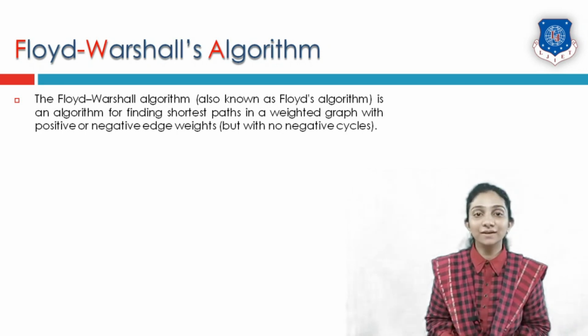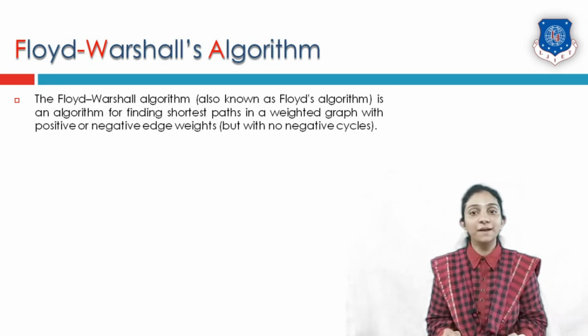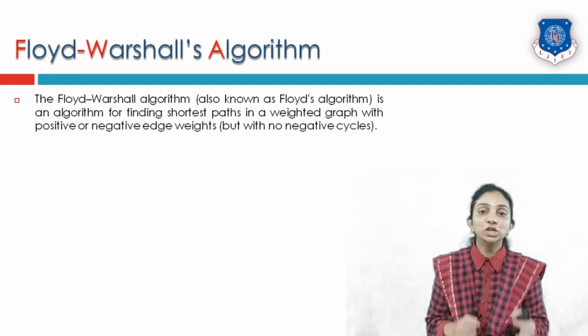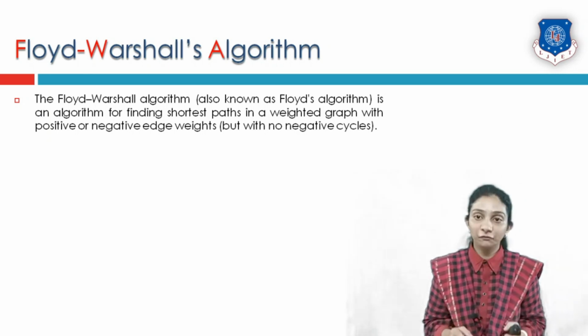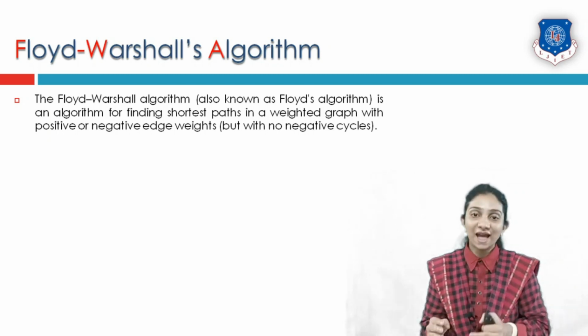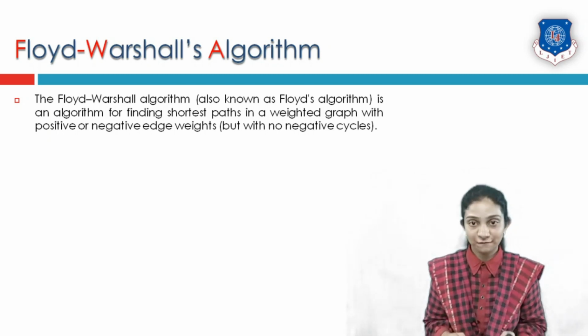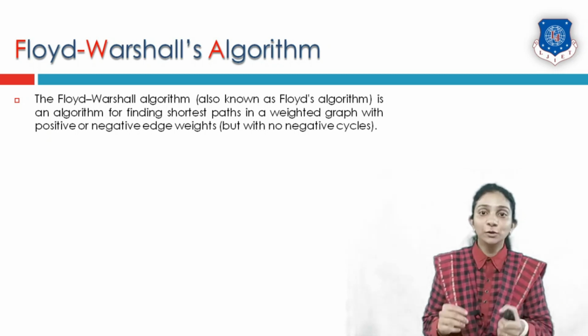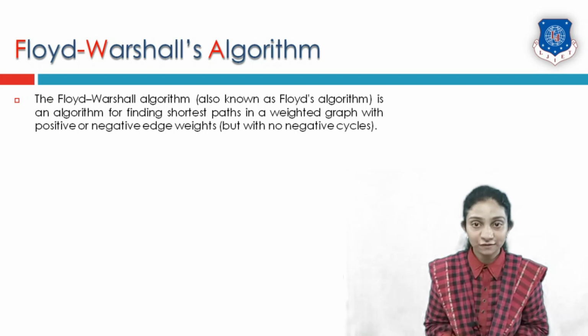This algorithm is also known simply as Floyd's algorithm, which is used to find the shortest path in a weighted graph having positive as well as negative weights. But make sure that the negative weights do not make negative cycles.